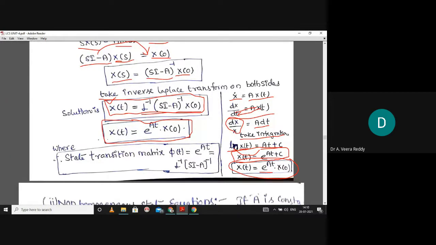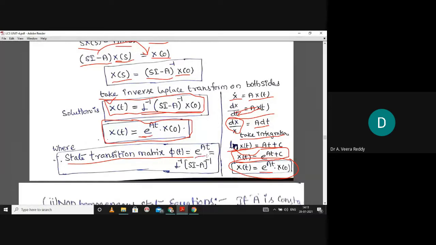So therefore the state transition matrix phi of t is equal to, you can compare these two. So e power at equal to L inverse of sI minus A whole inverse. L inverse of sI minus A whole inverse is nothing but e power at.